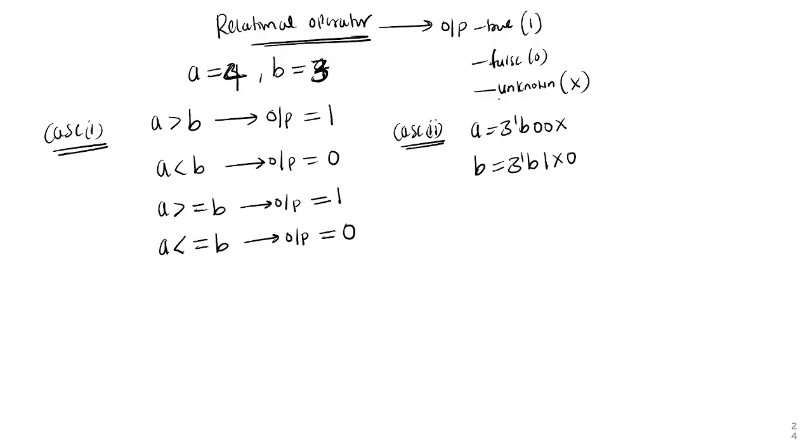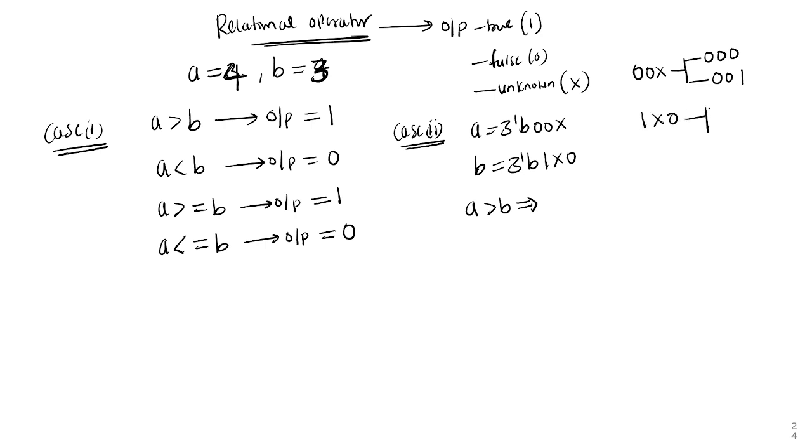What is the output? Suppose I am calculating a greater than b. What is the output? 00x means what? What are the values? 000, and 001. Okay, 1x0.